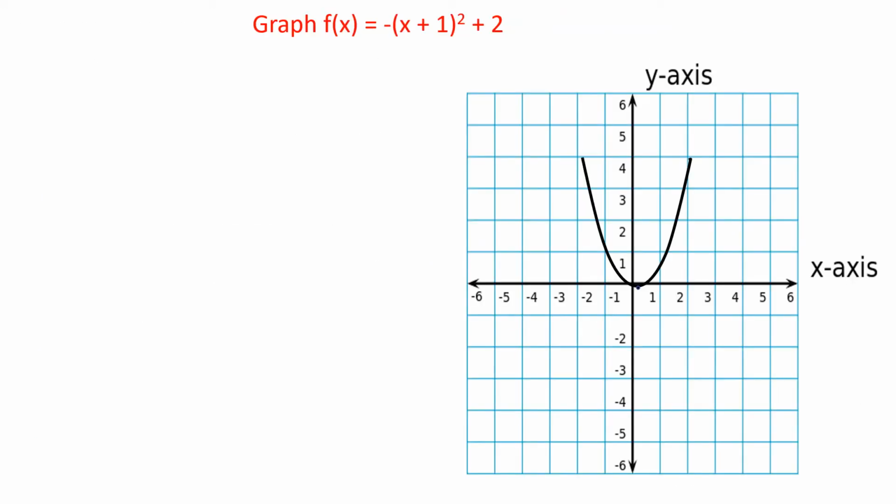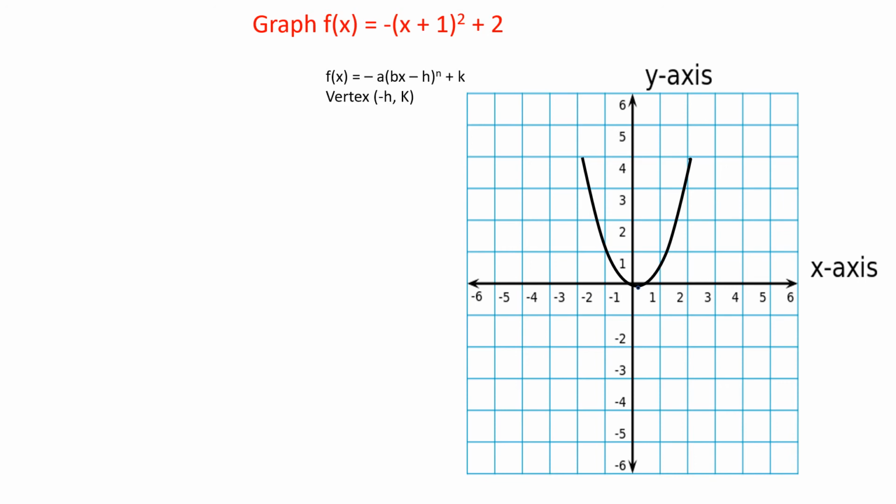Hopefully that helps. All right, so now they're asking us to graph the function f of x equals negative 1 times the quantity x plus 1 squared plus 2. So we've got several things going on here. They're multiplying by a negative 1. They're adding 1 inside the grouping symbol, and then they're having an additional 2. So we've got 3 transformations that are going to occur. We're kind of combining everything here.